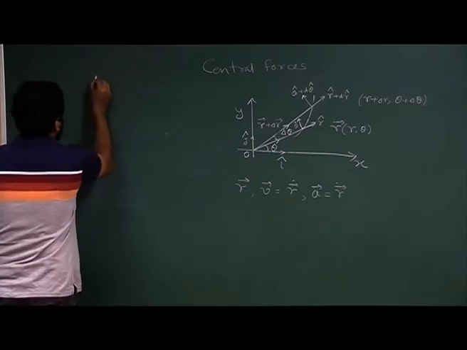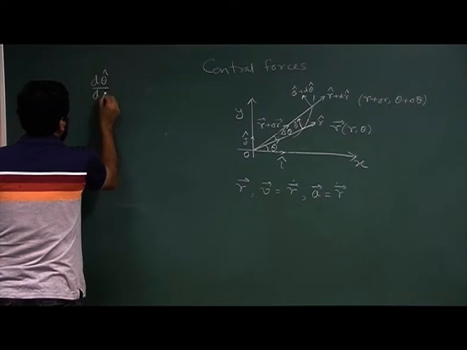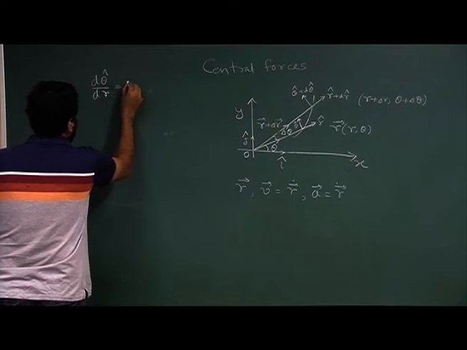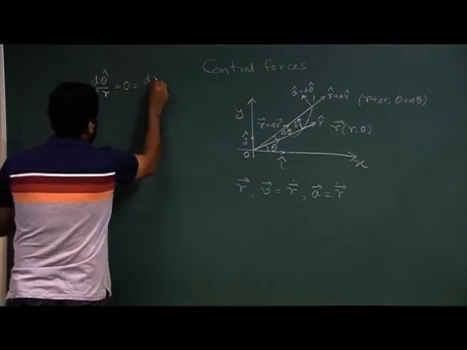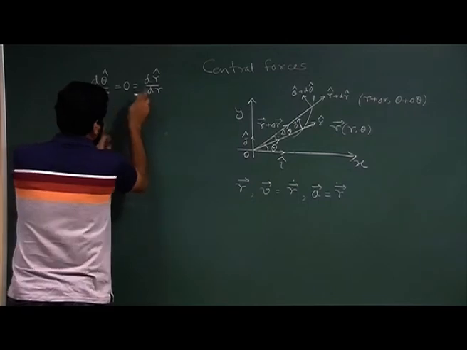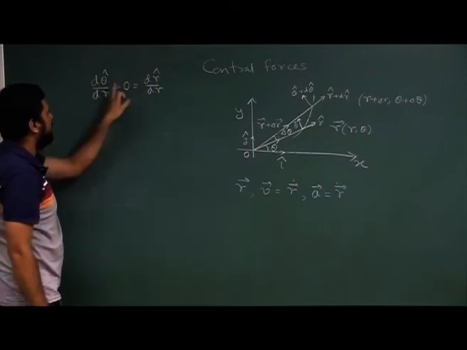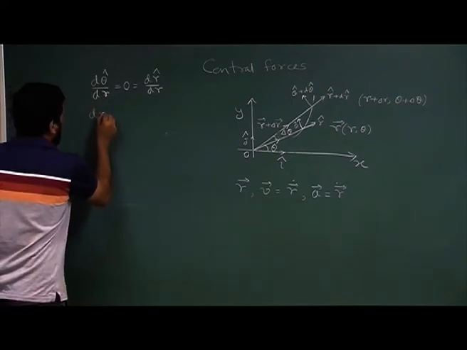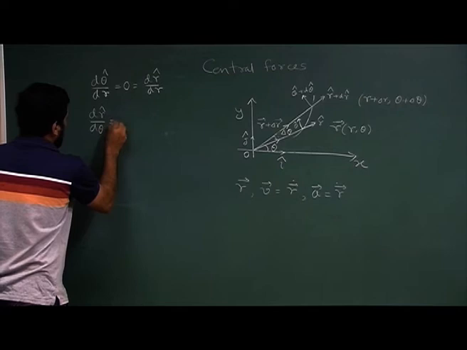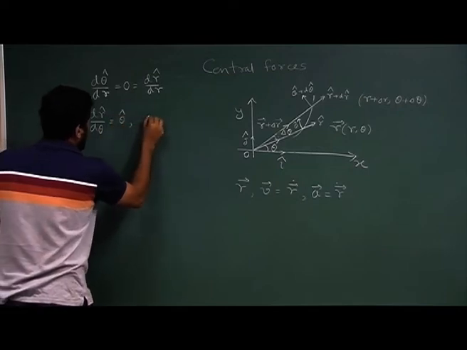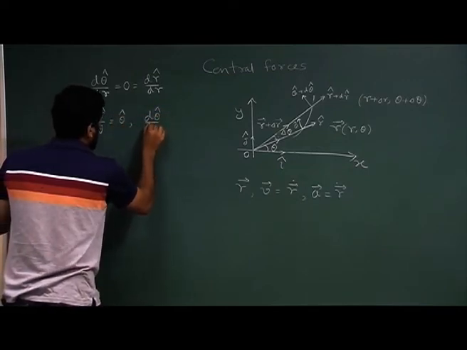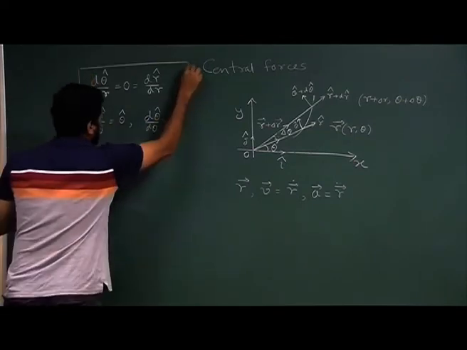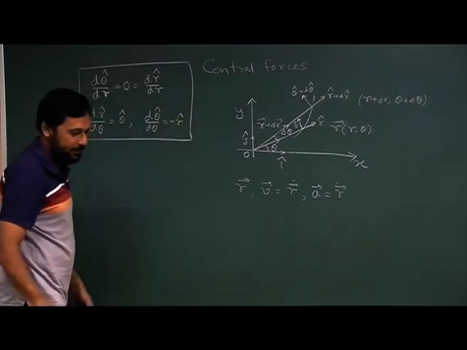We immediately see that d theta cap d r is equal to 0 is equal to dr cap dr. So, the direction of r cap and theta cap does not change with changing r. But when it comes to theta, we have dr cap d theta equal to theta cap and d theta cap d theta is equal to minus r cap. So, these four relations we have to keep at hand.